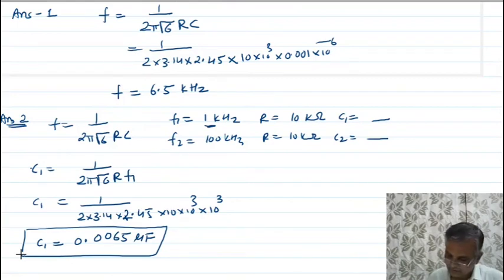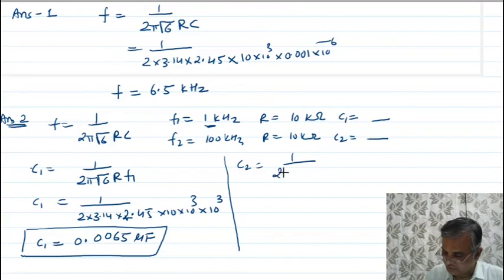Now, they are asking the tuning range. This is what you found for F1. Similarly, you have to find it for F2. So C2 is equal to 1 upon 2 pi root 6 R into F2.